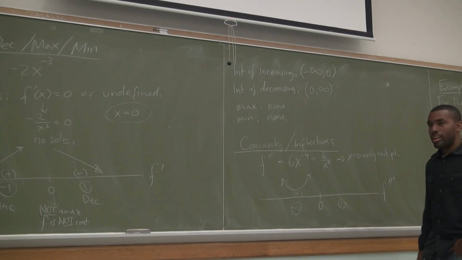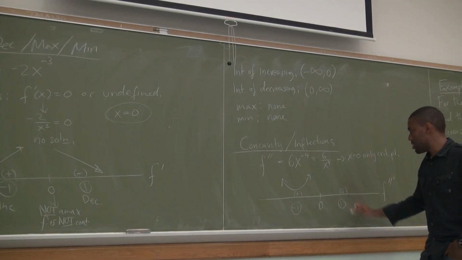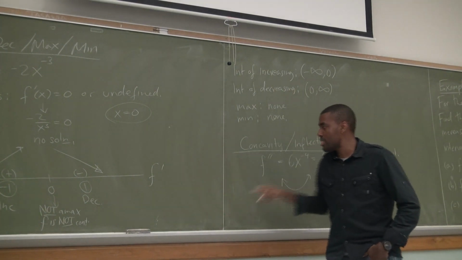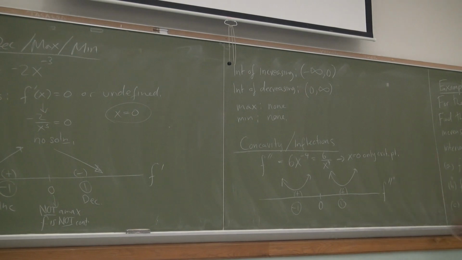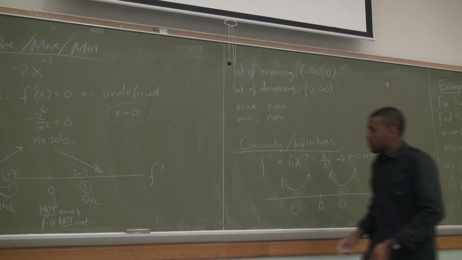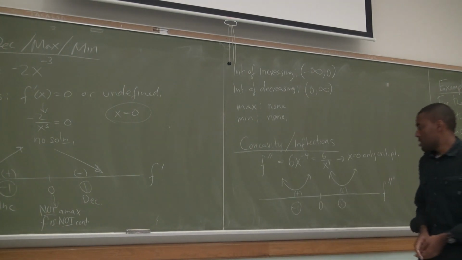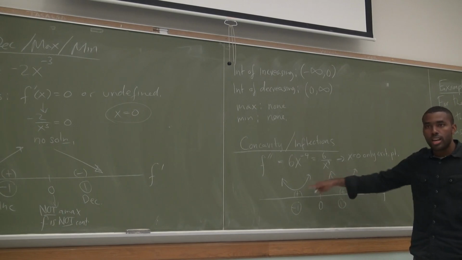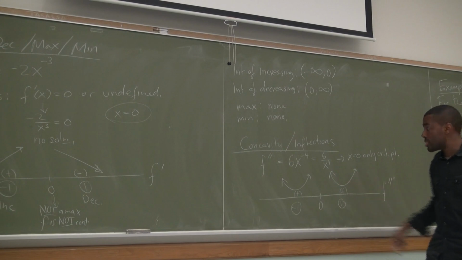Plug in 1, what do you get? Positive. That tells you concave up. Increasing, decreasing is first derivative. We're in the second derivative. Is there an inflection point? No. Even if the function was continuous here, there would not be because it didn't change signs. It's positive on both sides.